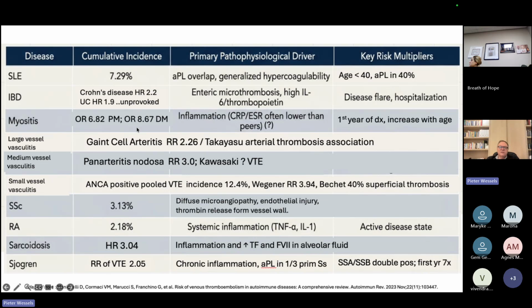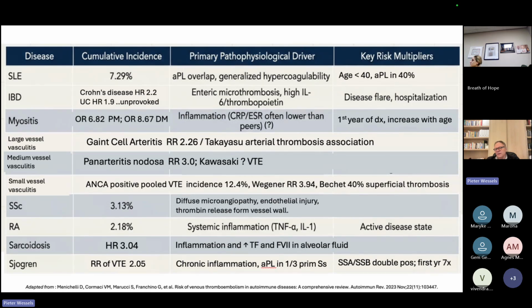The myositis is, dermatomyositis got a little bit of a higher risk compared to polymyositis, and this is because of the inflammation, and it's mostly in the first year. It increases with age. Everything increases with age.